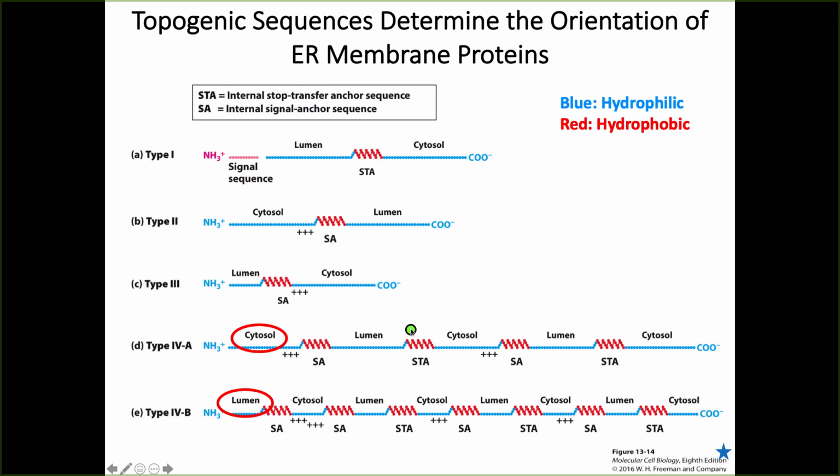And as you change this direction, you have 1, 2, 3, 4, 5, 6, 7. If it's an odd number, as both of these are towards the cytosolic end, the orientation of the N and C terminal are going to be in the opposite direction. So this is basically how the topogenic sequences determine the orientation of the ER membrane proteins.